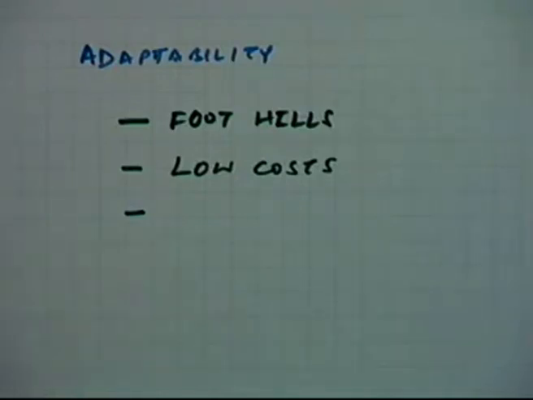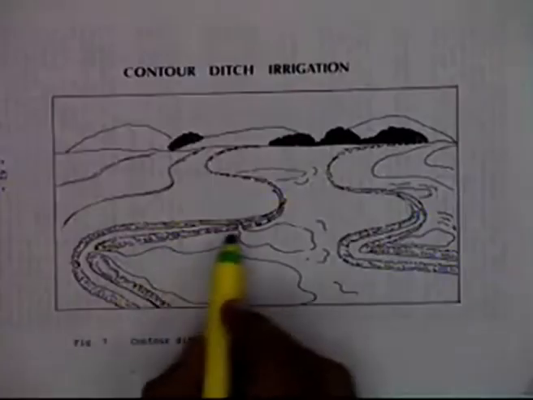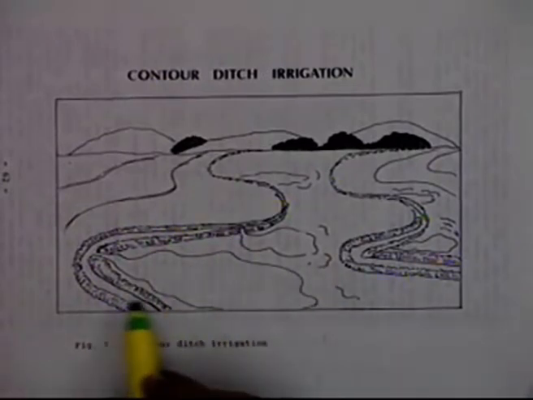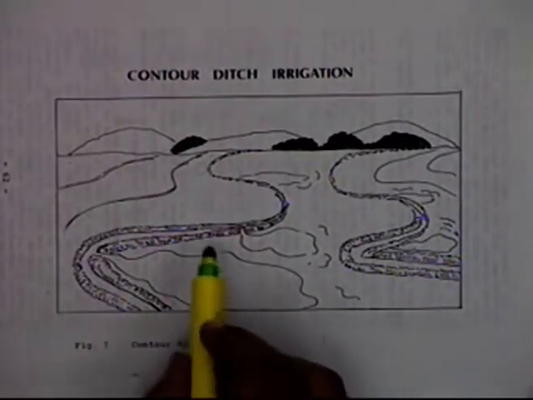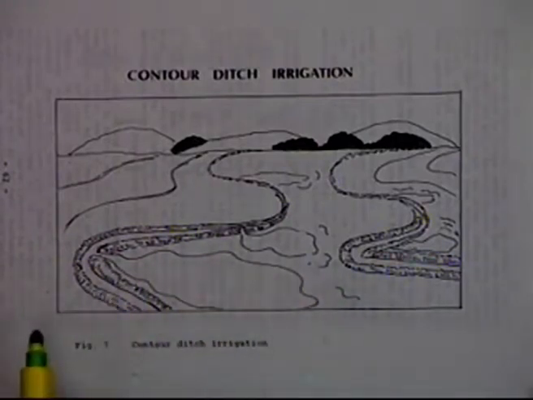Then the labor expense is also not very excessive because making the openings is not a very skilled thing. With a slight amount of experience you will know at what spacing to make them, because that will be a function of the spread of water, up to which area the water can spread.